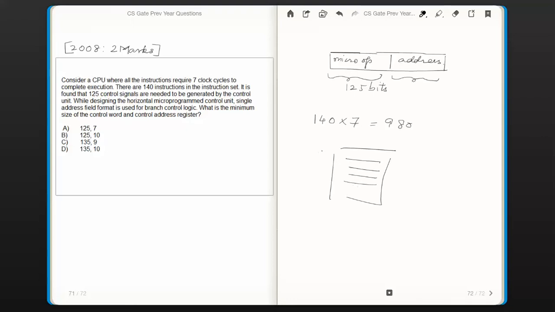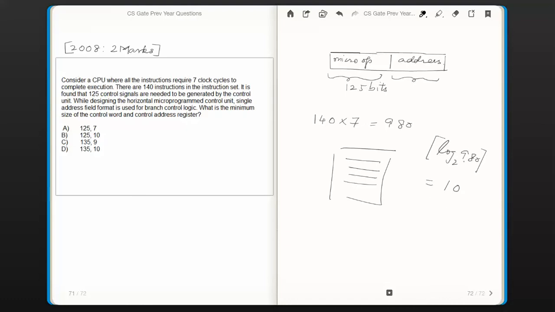Now to address each of these 980 micro instructions, the number of bits required to address one of the micro instructions would be equal to log base 2 980 ceiling. So that would be equal to 10.